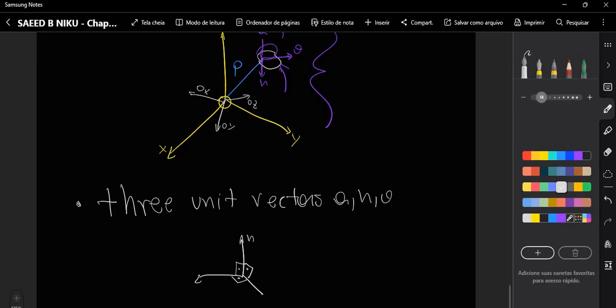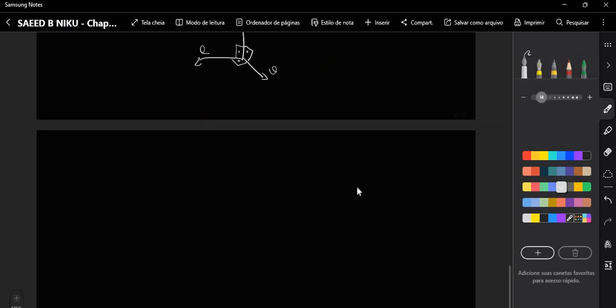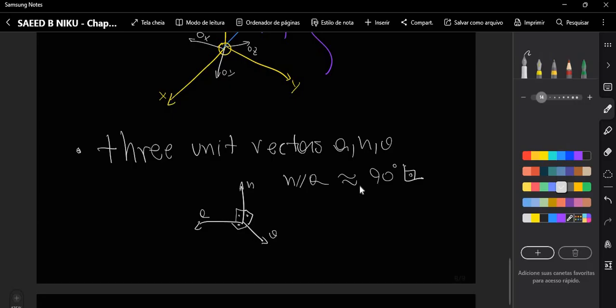Okay, and n, O, and A are forming 90 degrees in relation to each other, and so on and so forth.